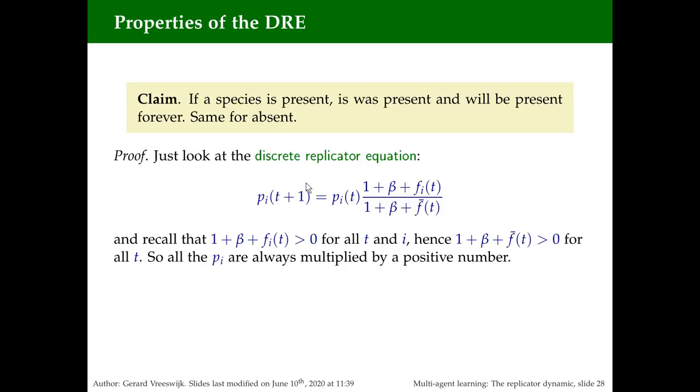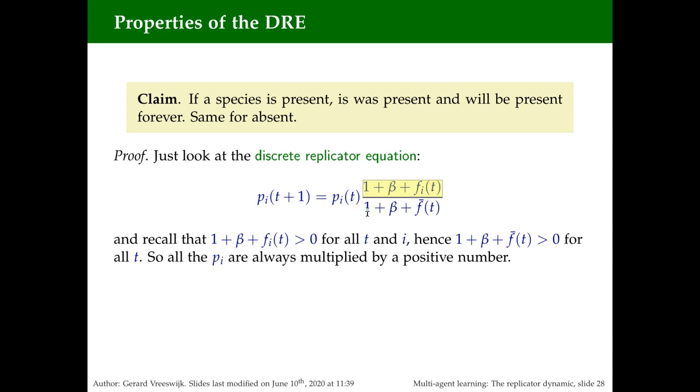An important property of the replicator equation, a very important property, is that if a species is present, it was always present and it will always be present, and the same for absent. The proof amounts to just looking at the discrete replicator equation and recalling that those numbers are always positive.